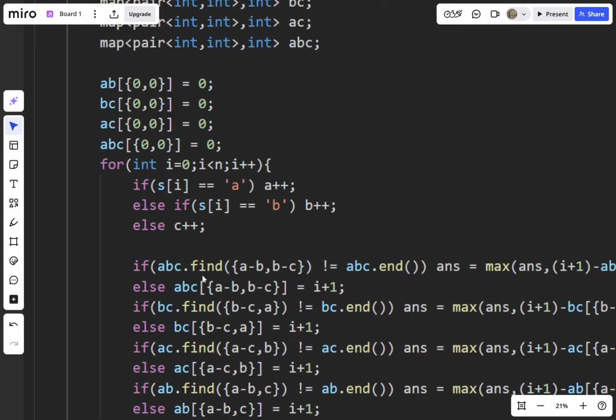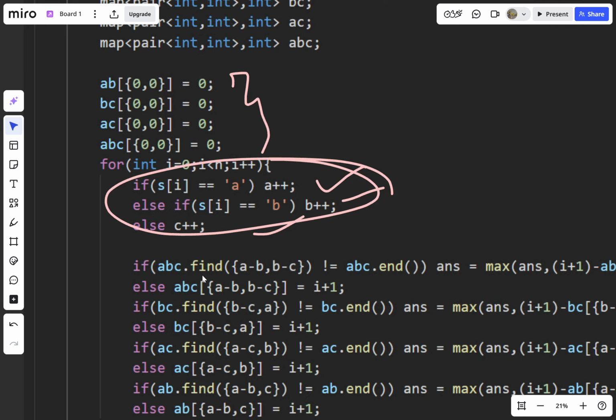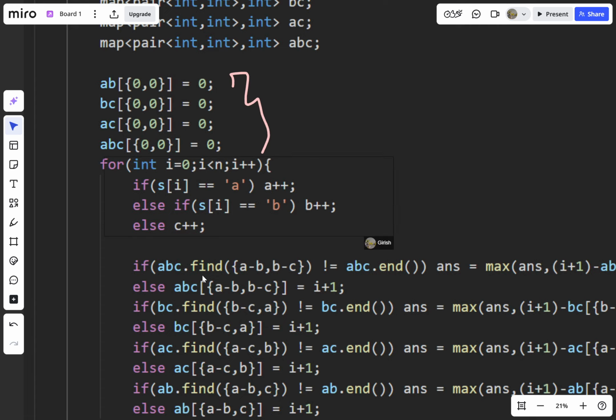Initially all the A, B, and C have the count as 0, so 0 minus 0 of any of them will be 0 only. So that's why I have initialized all this. After this, we are incrementing A, B, or C if that character is present.